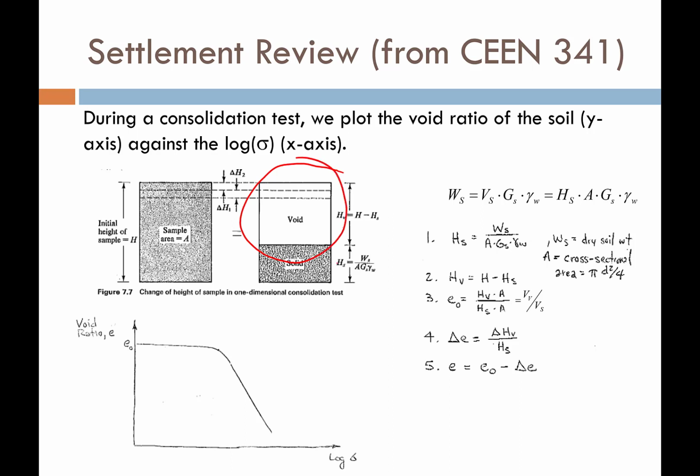We're squeezing more and more water out of the void space. So the total height of the soil is changing, but the height of the solids is constant. The height of the solids cannot change because the solids are just solid mass that are incompressible. So that height of the solids will never change in a phase diagram. What changes is the void space, or the height of the voids. As that sample consolidates and compresses, the height of the voids is getting smaller and smaller.